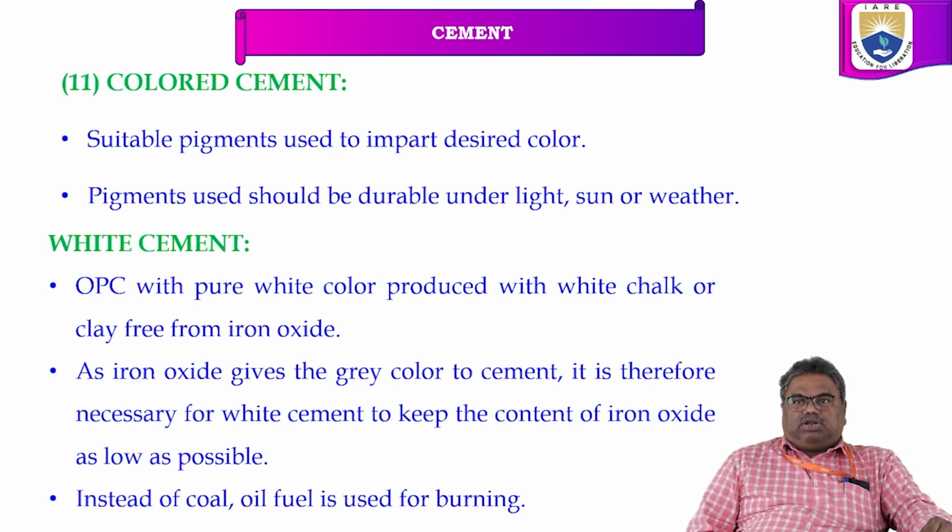So if you want to produce white cement, the iron oxide content should be as low as possible. Also, instead of coal, we can use oil fuel for burning to produce white cement.